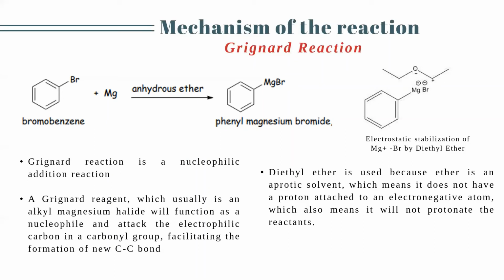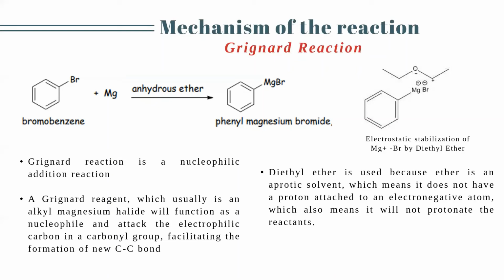So to do this, addition of magnesium to bromobenzene in diethyl ether is needed to begin the reaction. Diethyl ether is used because ether is an aprotic solvent, which means it does not have a proton attached to an electronegative atom, which also means it will not protonate the reactants. After which, phenyl magnesium bromide is formed.